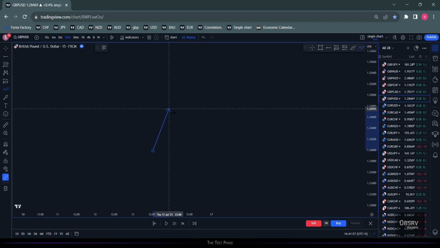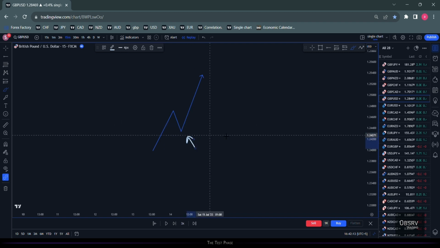Now apply the same concept into a new structure of higher highs and higher lows. Where's my brush? Okay, here we are. Okay, instead of your bigger player coming back as it's pulling back, instead of reading it like this, as the price makes a higher high, this is the player that is in control now, right?